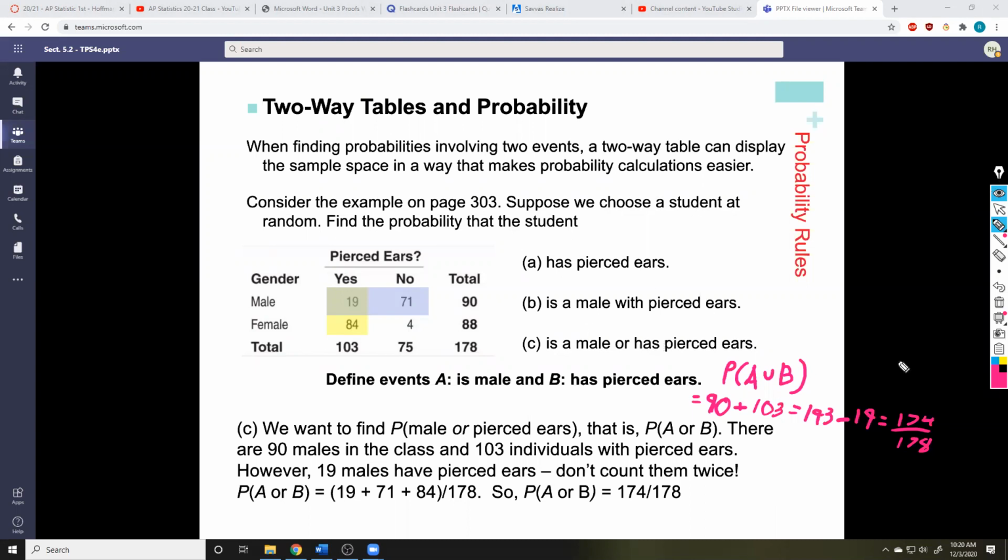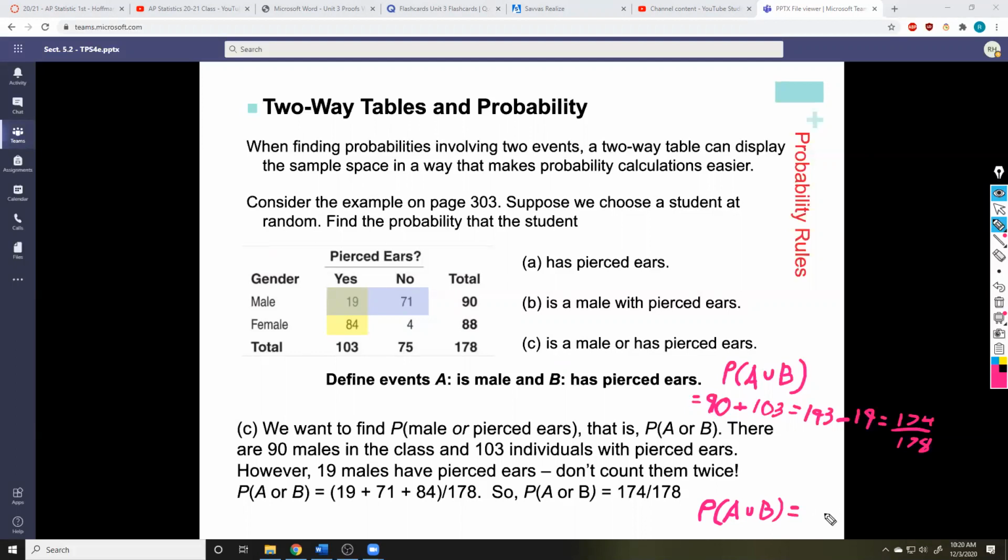But the way that I showed it here is if we just add the 2 categories and then take away any double counting we have, that is the general rule of or probabilities. So the probability of A or B, this is going to be the formula that's on your formula sheet on the AP test.